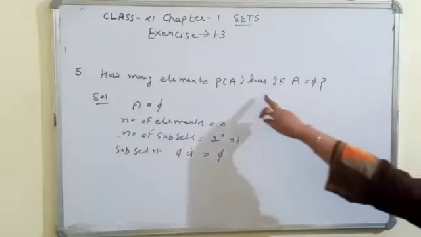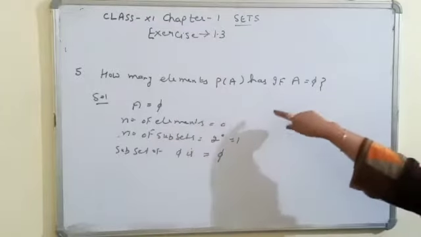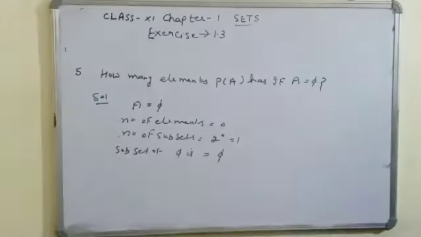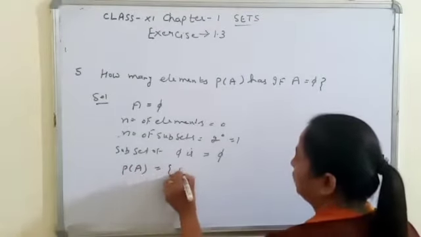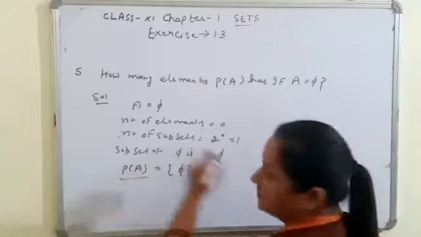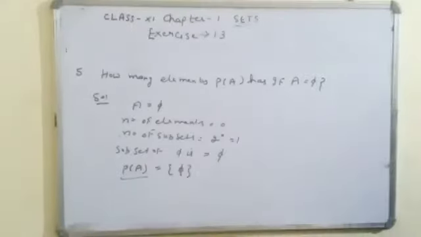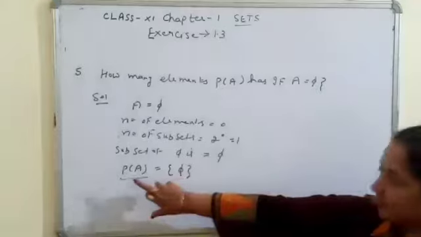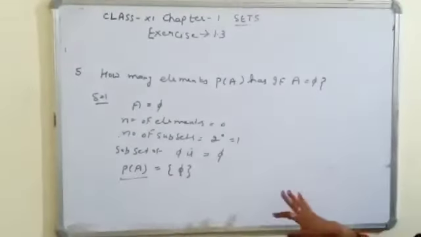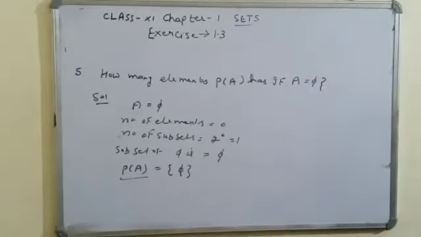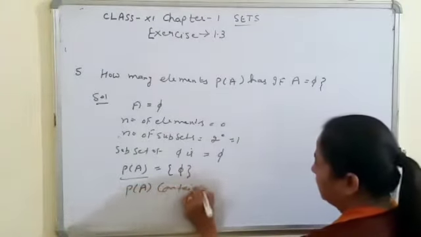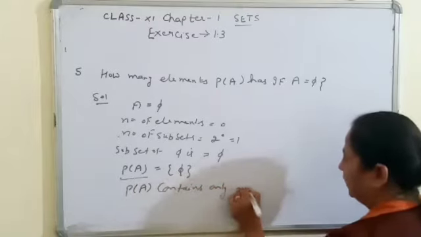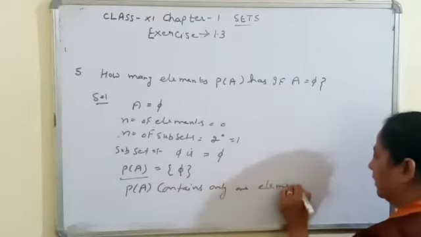Now we have to tell how many elements the power set of A has. What is the power set? The power set is the collection of all subsets. So in the power set there is only one element. The power set of A contains only one element.